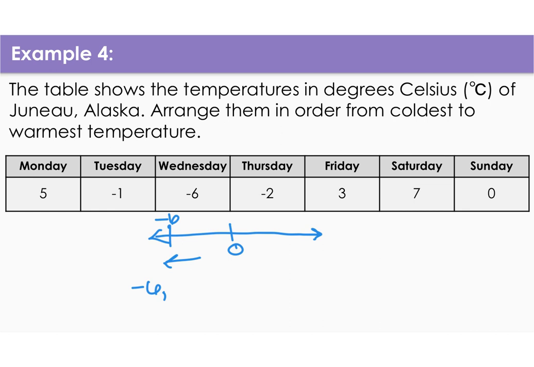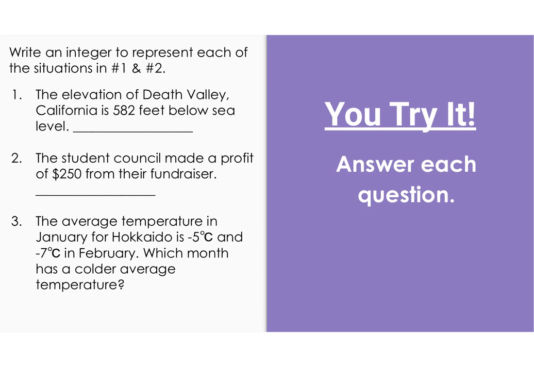Then I would go to -2, -1, and then we have 0, so we already have 0 there. And then over here somewhere we would have the 3, the 5, and the 7. Your turn, you try it.